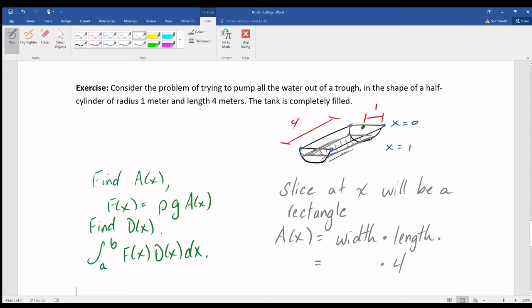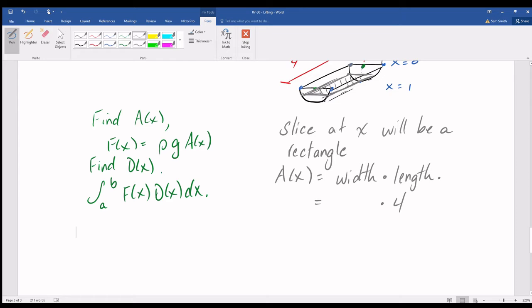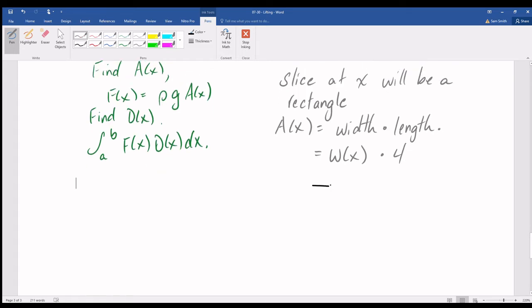Toward the rim of the cylinder, toward its top, the width of the slice is a total of 2 units: 1 unit toward the right from center to rim, and 1 unit toward the left from center to rim. But the further down you go in the trough, the narrower the slices become. So we have to figure out how the width of this rectangle varies as we move up and down along this trough.